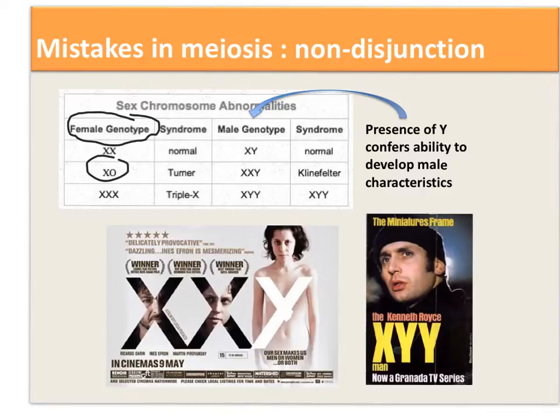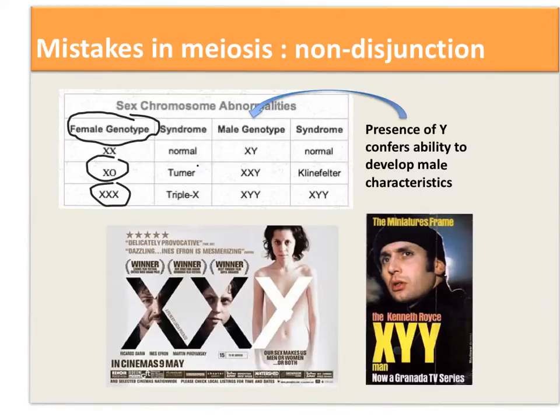But some individuals are triple X, and they would exhibit as female. The syndromes are Turner syndrome and triple X. Turner syndrome is associated with a bunch of disease or pathological phenotypes.